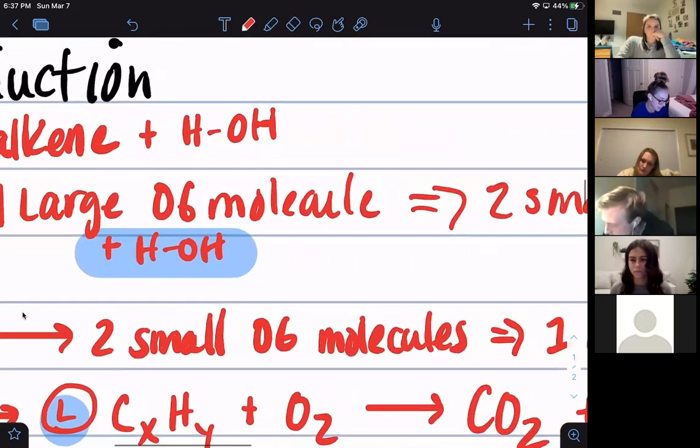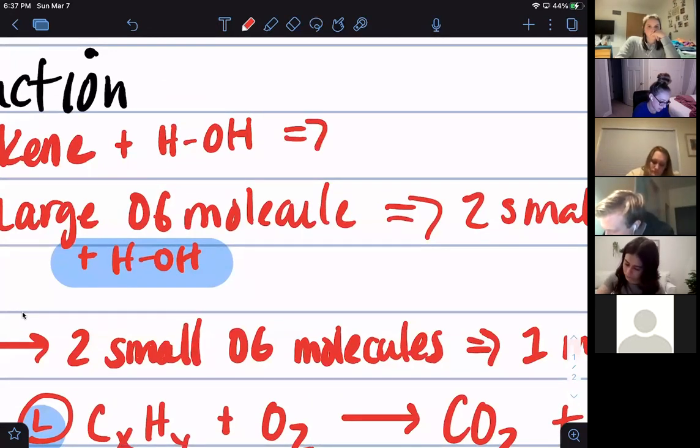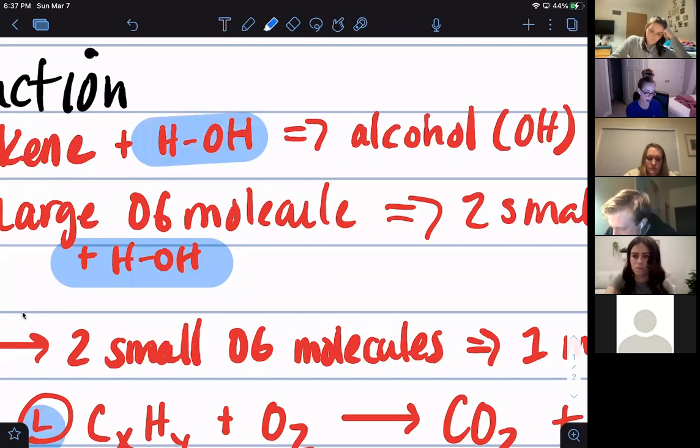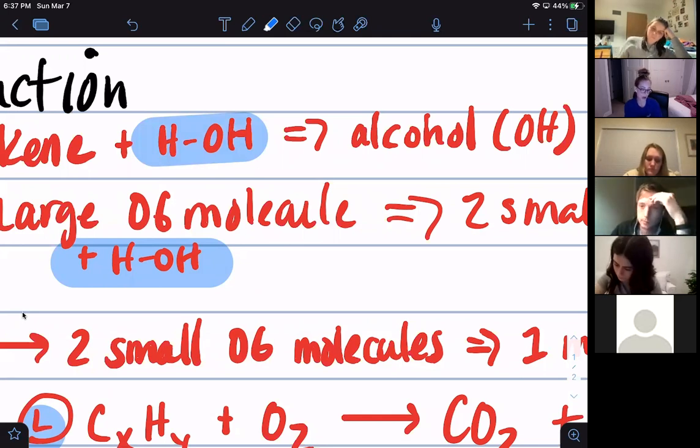The product of this is always going to be an alcohol. Okay, and that makes sense. When I do an example for that, you'll see why. But if you think about it, notice how I'm drawing HOH when I write water out. Get in the habit of doing that, especially for this test, because you're going to be able to see exactly what your products are. You'll look at that and say, oh, I already know that I'm making an OH, because I have a double bond, which is 4 electrons, and then I have H pluses, and wherever there's a minus, a plus goes.